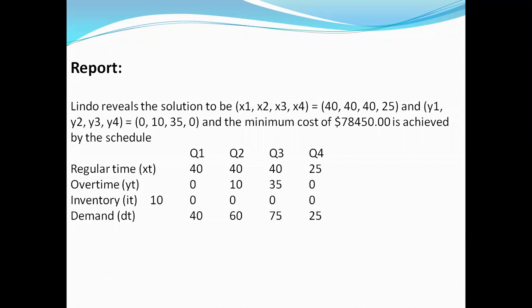The maximum amount spent is to manufacture 40, 60, next 75, and overall 25. How much regular time has been consumed, and how much minimum cost needs to be applied, because optimization should lead to the minimization of cost. And next, inventory has been considered, and what inventory needs to be taken in each quarter.